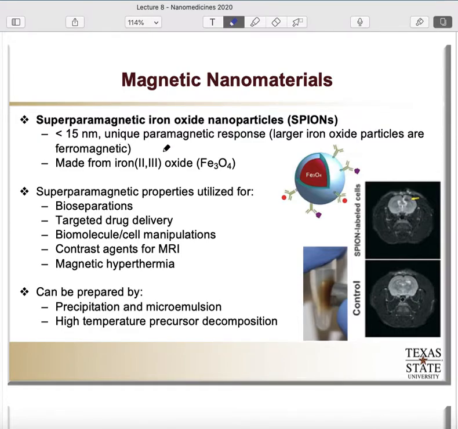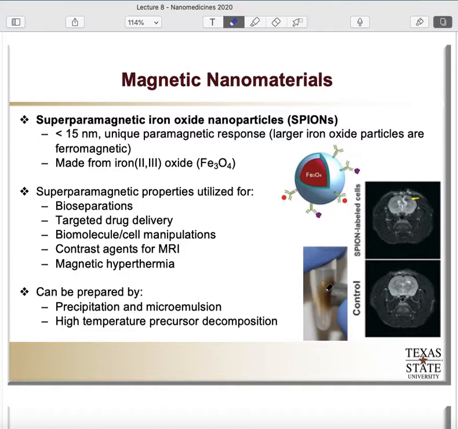So paramagnetic means that these materials become magnetized in the presence of a magnetic field, but their magnetism disappears when the field is removed. So basically, you are able to manipulate these particles in the presence of a magnet, but when the magnet or the field is removed, they are no longer presenting these properties.